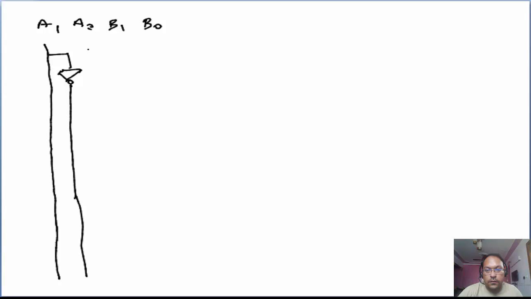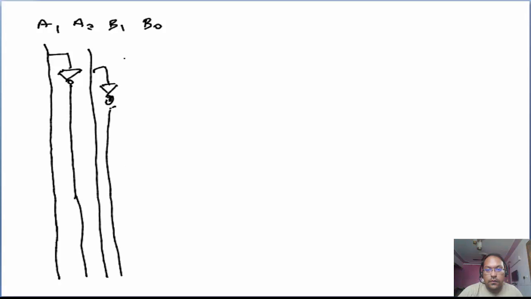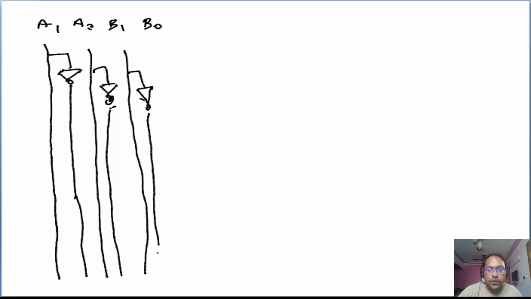Similarly for A0, I am taking the complement of it. For B1, I'm taking the complement of it, and finally B0.